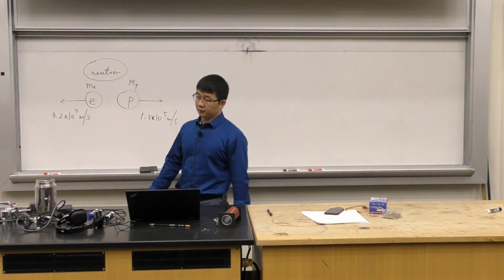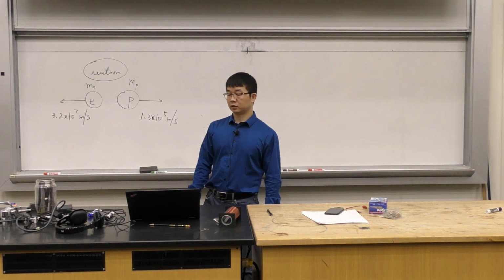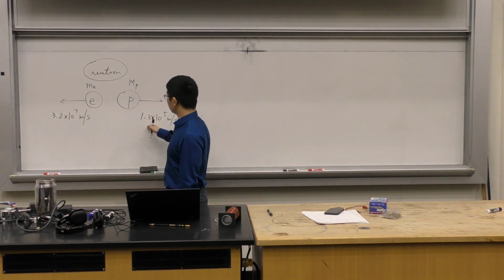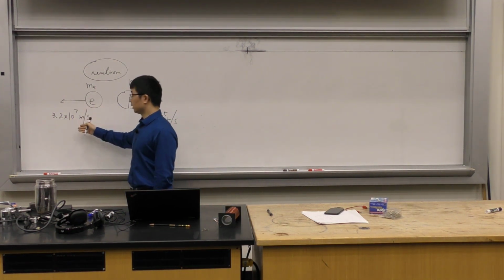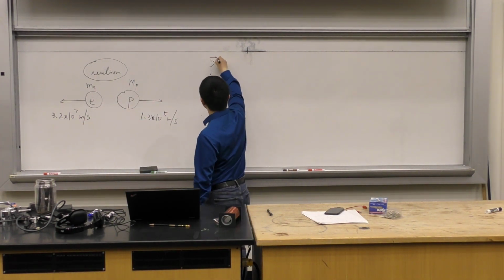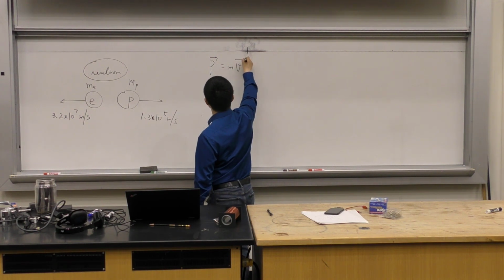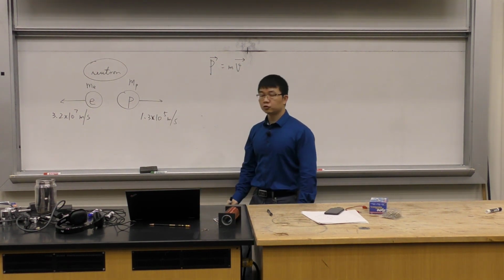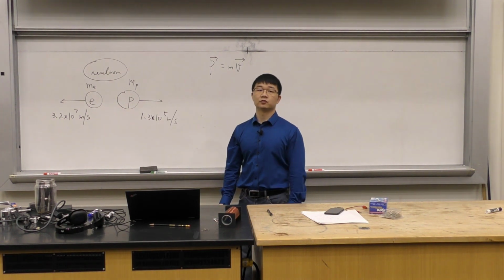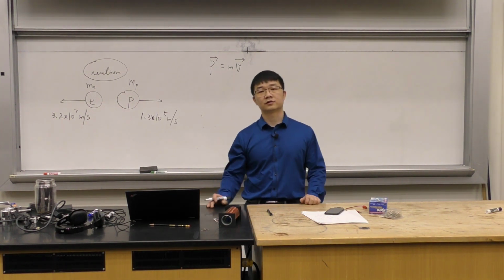In this case, I don't even need to use a law, because I just want to find the total momentum of this system. I just find each momentum and add them together, right? And momentum is always mass times velocity. Now, we should be careful. They are moving in opposite directions. You need to take that into account and assign them the correct signs.